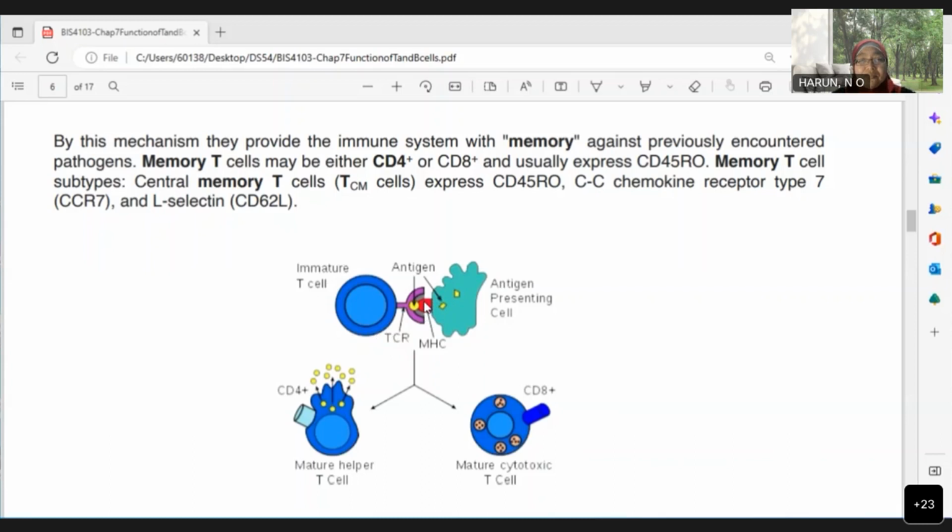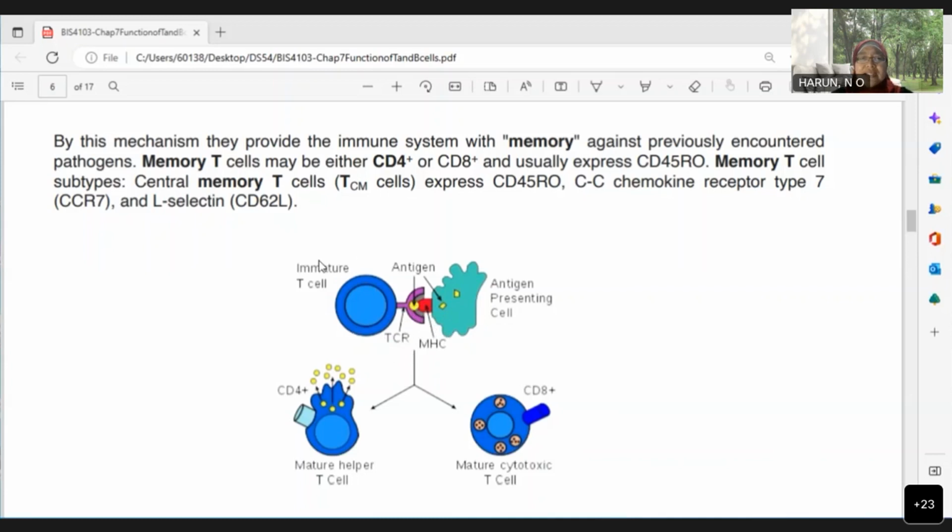This is the MHC produced on the antigen presenting cell, either class 1 or class 2, which carries the antigen particles degraded in the antigen presenting cell to its surface, which later will be recognized by the TCR or T cell receptor.